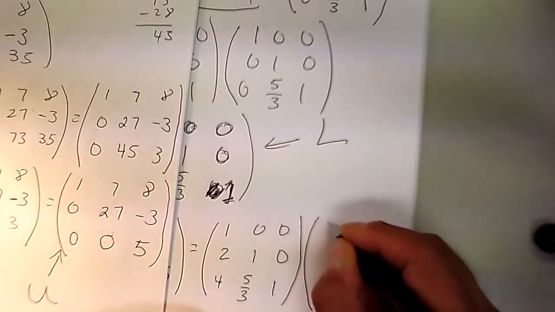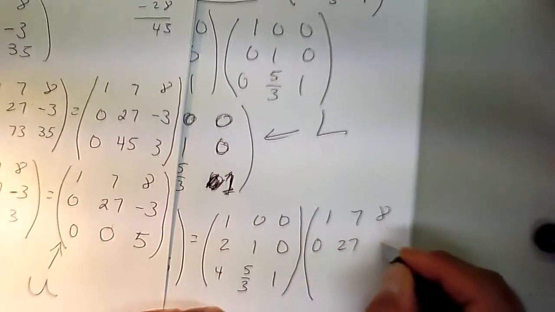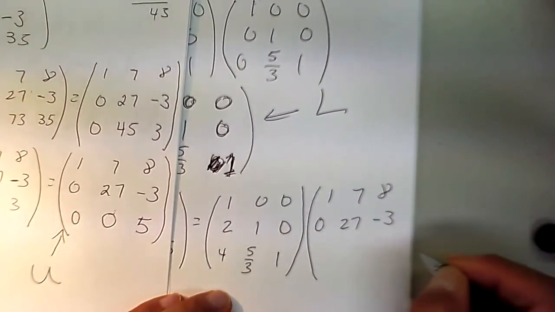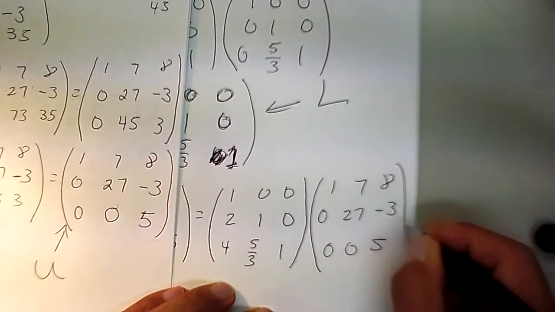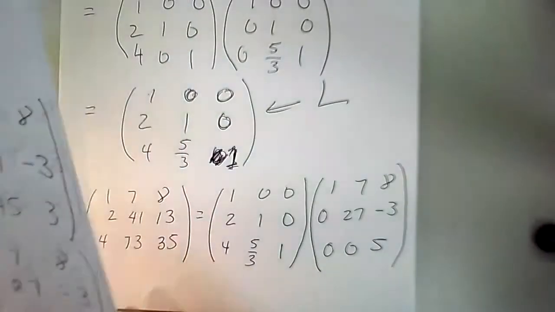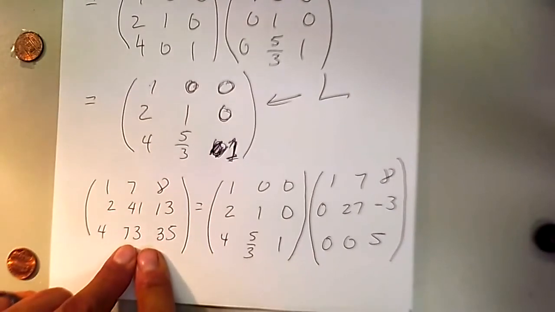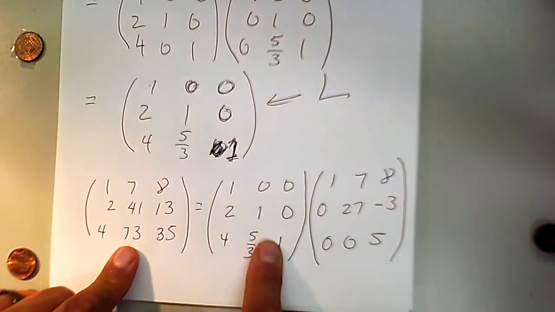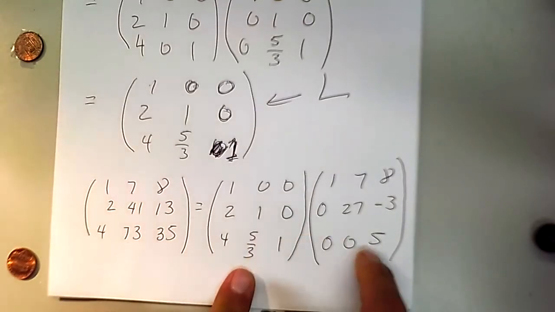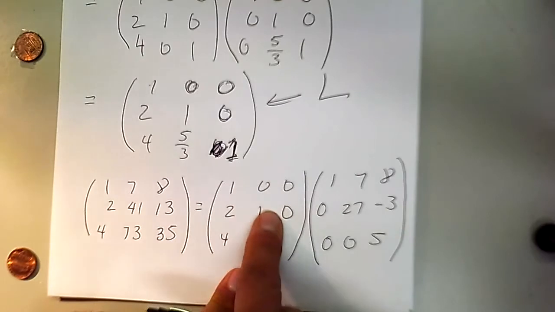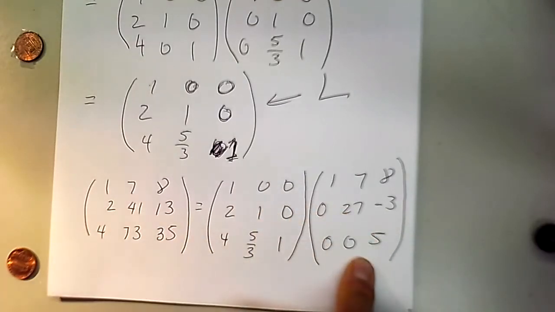So we have 1, 7, 8, 0, 27, -3, and 0, 0, 5. Well, so there is the decomposition of the original matrix A into lower triangular matrix and then upper triangular matrix. Why is this lower? Because it has zeros above the diagonal. And this is upper because it has zeros below the main diagonal.